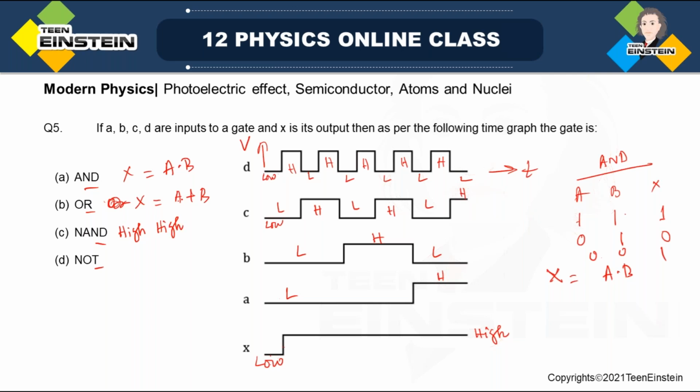Suppose there are two inputs, both are high, that means 1 and 1 produces low output.